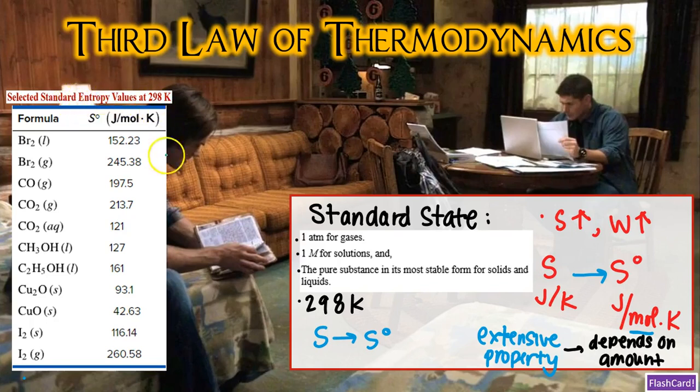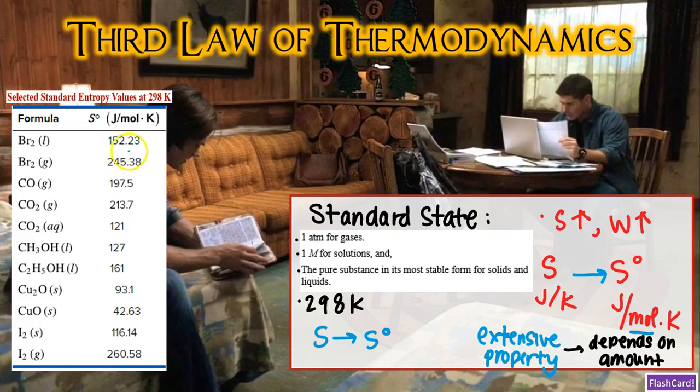Let's look at some standard entropy values at 298 Kelvin for some substances. And of course, all these substances here are a mixture of elements, compounds, and ions. We have Br2 in gaseous form, with a standard entropy value at 298 Kelvin of 245.38 joules per mole Kelvin. But in the liquid form, it's 152.23 joules per mole Kelvin.